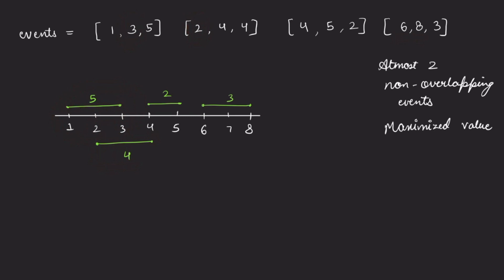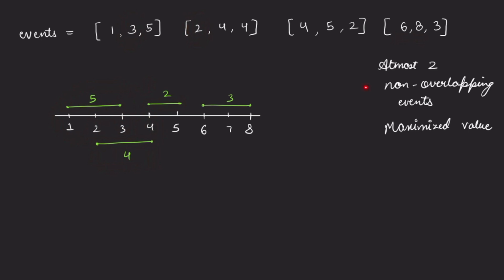This event is ending at 4, and this event is starting at 4, so these two will be considered overlapping at this point, and we cannot consider them together. So for any event, the other events that we consider should have their start time greater than the end time of this event. Then it will be considered non-overlapping.